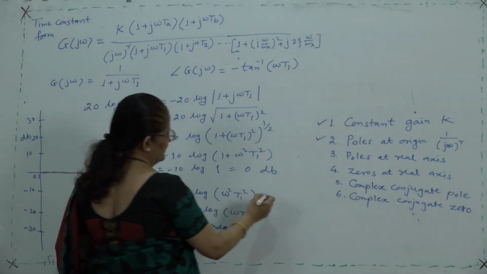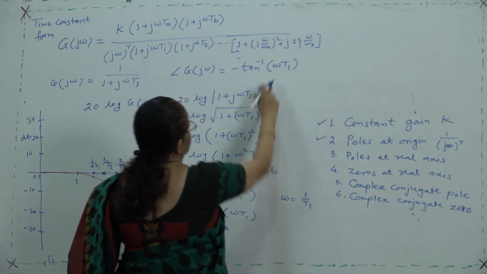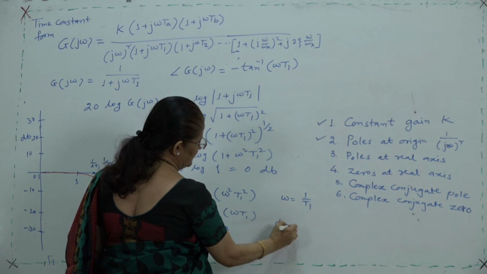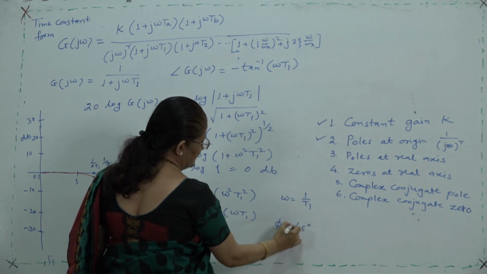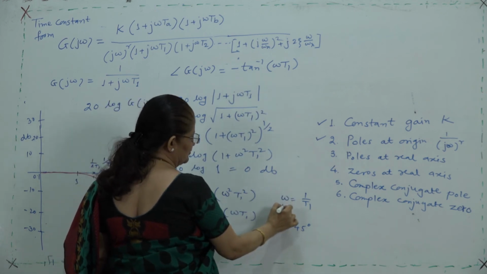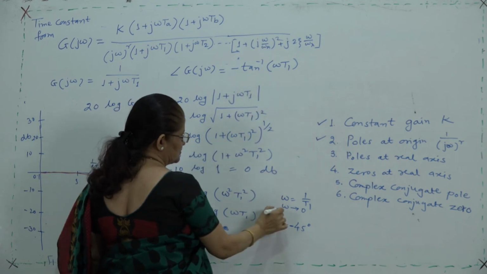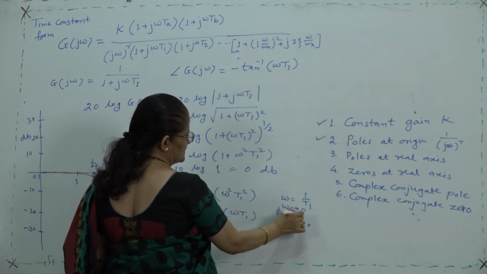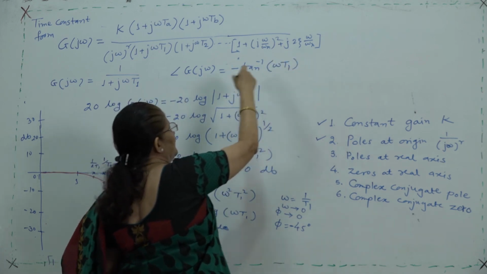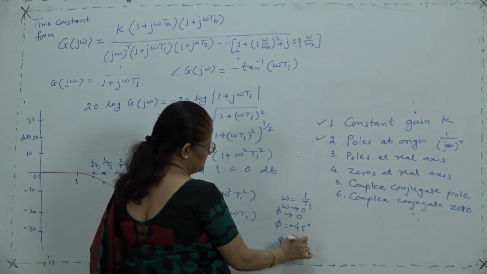Omega is equal to 1 by T1, so you will get tan inverse of 1. So, phi will be minus 45 degrees. When omega is tending towards 0, tan inverse of 0, so phi will be tending towards 0. When omega is far greater than 1 by T1, or tending towards infinity, the angle phi will go towards minus 90 degrees.